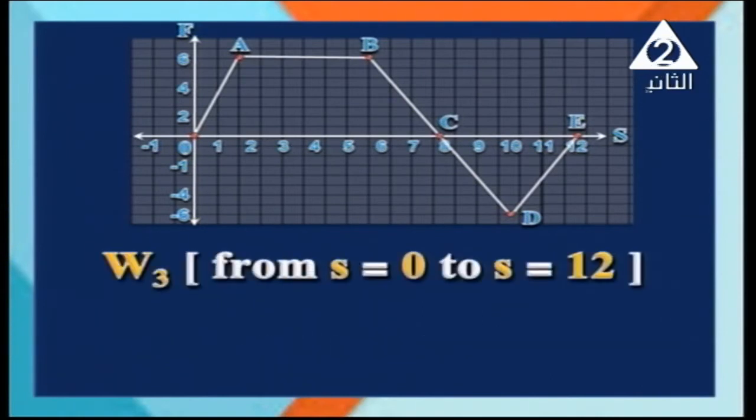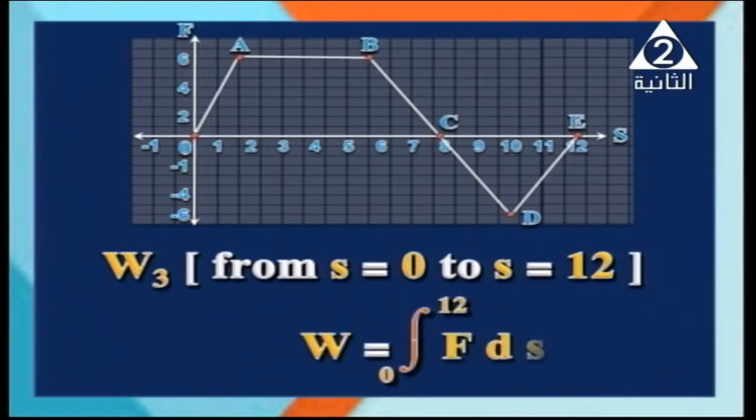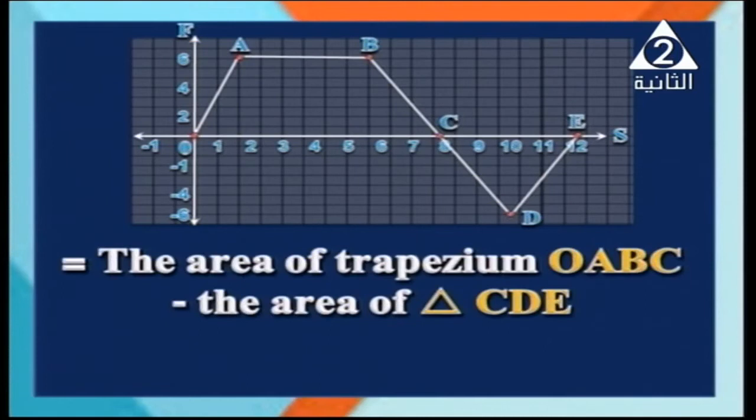W3, or work 3, from S equals 0 to S equals 12, is the integration from 0 to 12 of F ds, equals the area of trapezium OABC minus the area of triangle CDE. Why? Because we have a shaded region above the S axis and a shaded region of triangle CDE below the S axis.